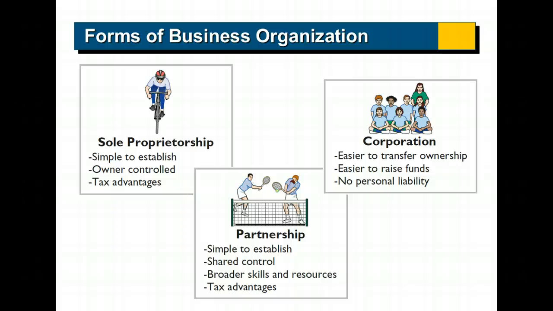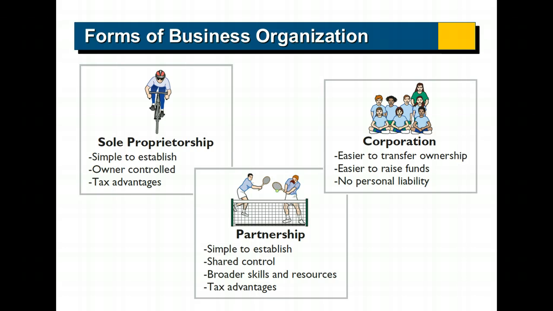So basically, the first thing we're going to talk about, and this might be a review for you, is different types of businesses. There are primarily various organizational structures or forms that businesses can operate in. The simplest and easiest, and actually the largest number of businesses, conduct themselves as what's called a sole proprietorship.